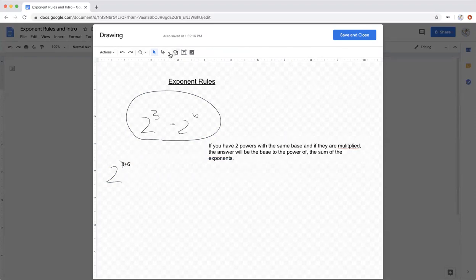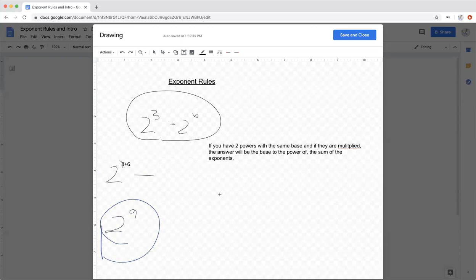And it would be equal to 2 to the power of 9.